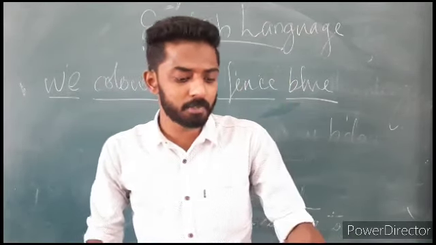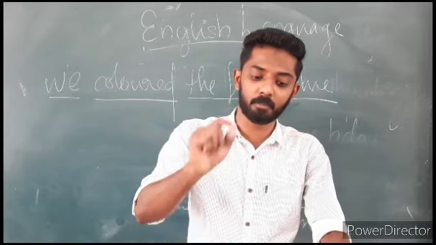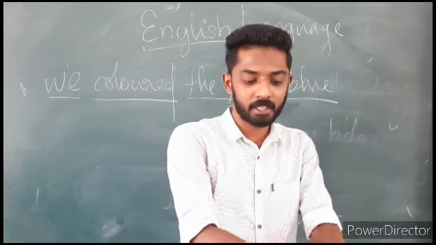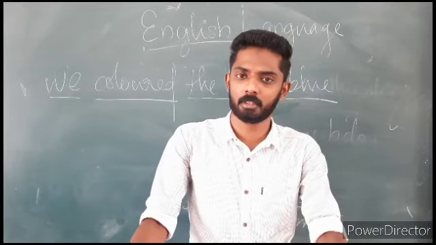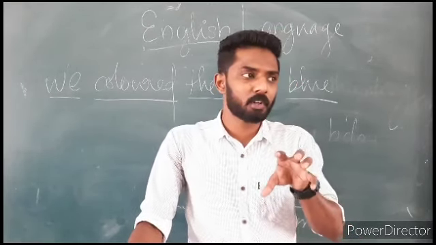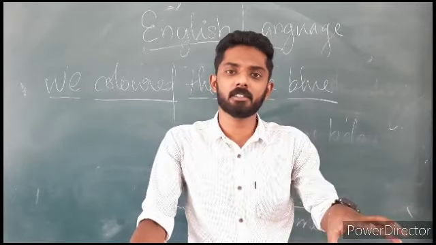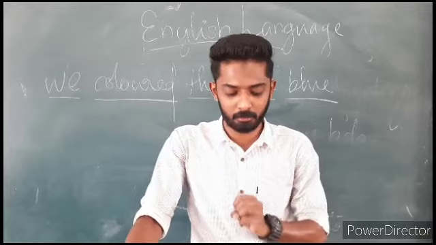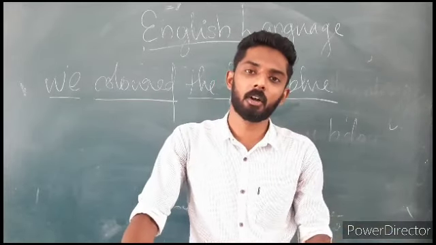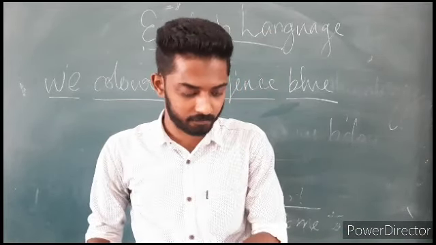A transitive verb that requires an objective complement to convey its full meaning in the sentence is called a transitive verb of incomplete predication. In the same way, if the complement is not necessary in the sentence, it can be called a transitive verb of complete predication. So this is all about transitive and intransitive.